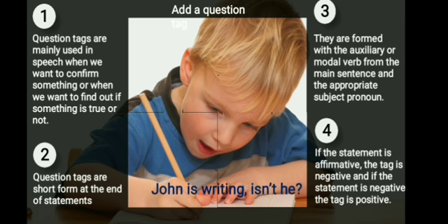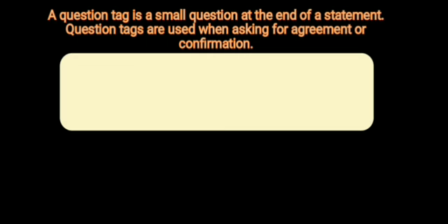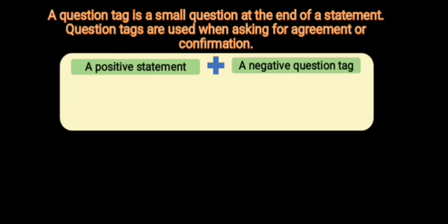Here's a sentence for example: John is writing, isn't he? It is a statement in positive, affirmative form, to which a negative question tag has been added. Let's go through the structural form of it. When we have a positive statement, we have a negative question tag, right? You are a clever girl.